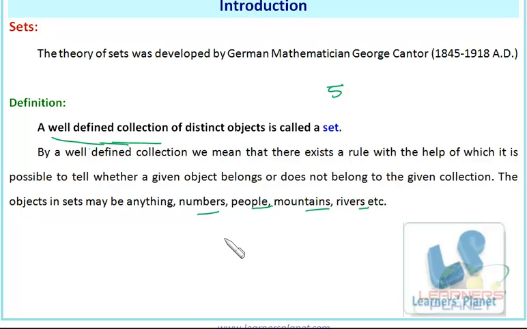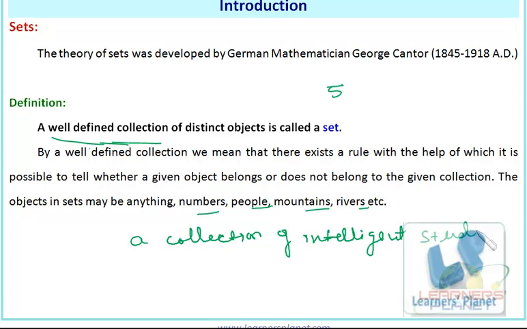One question may arise in your mind now: I should put some examples where a collection of data is not a set. Suppose I tell you the set of intelligent students in your class, or I can say a collection of intelligent students in your class.